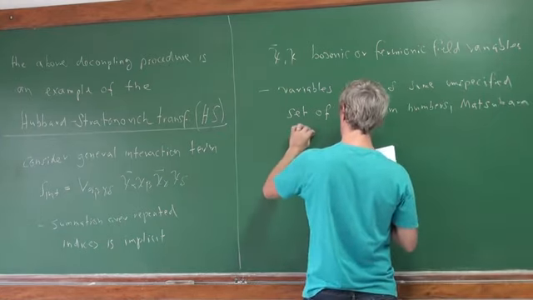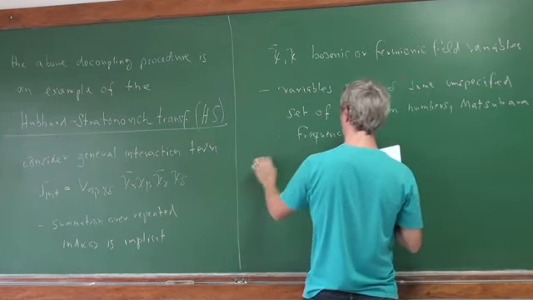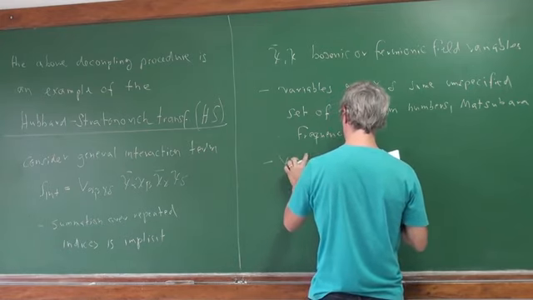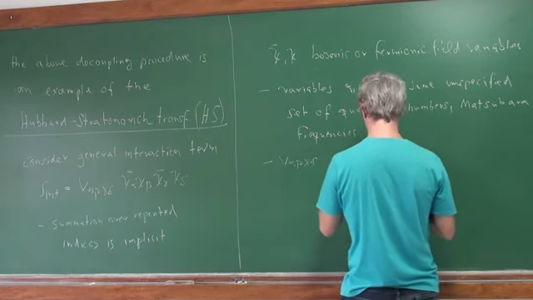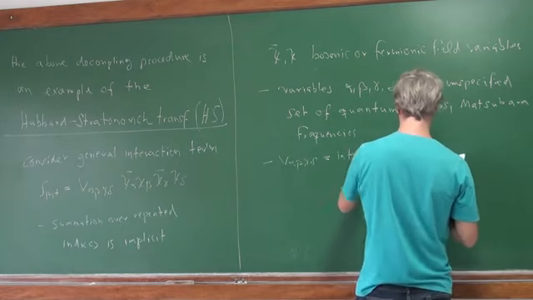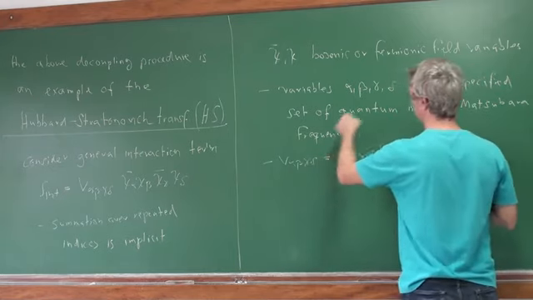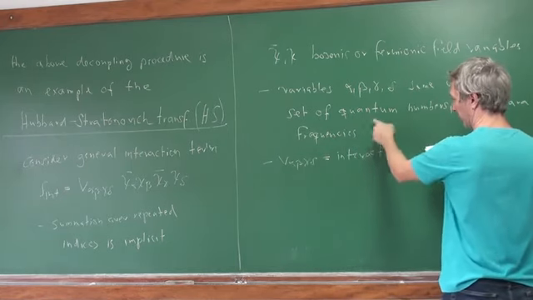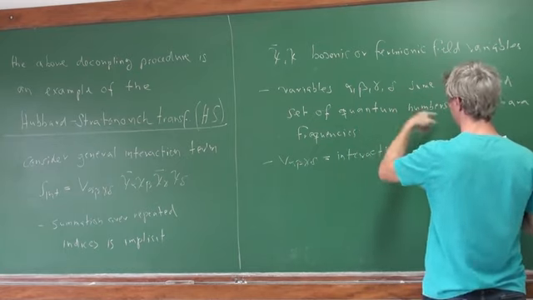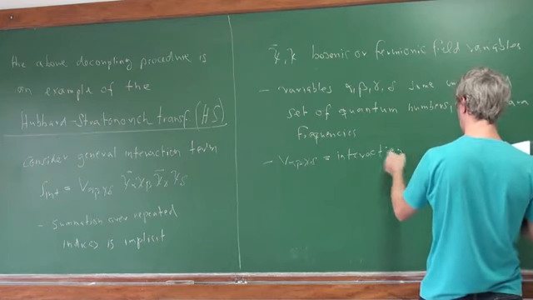And finally, the V is just the general interaction potential. More precisely, it's the interaction matrix element, the matrix element of the interaction operator with respect to these states characterized by the general quantum numbers.